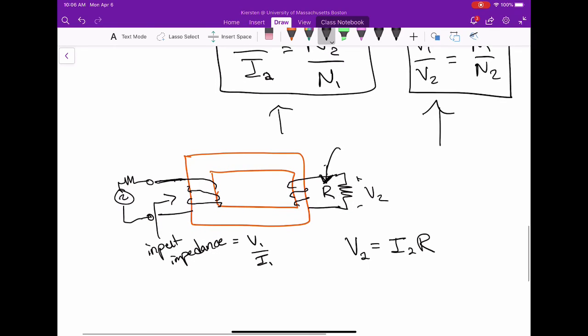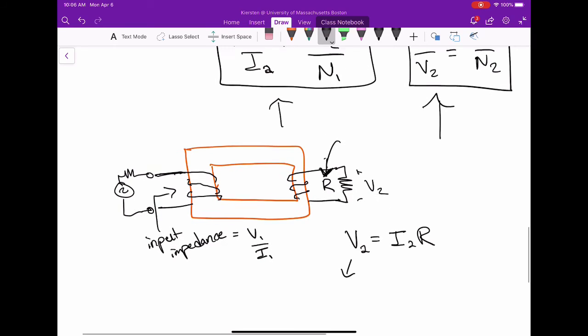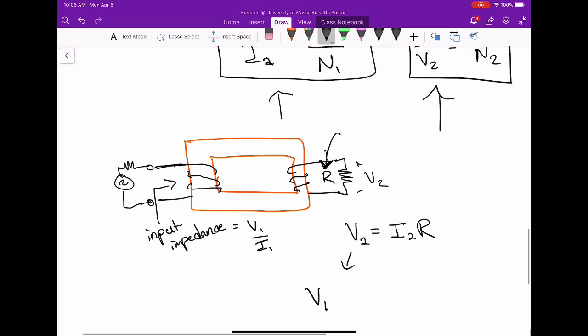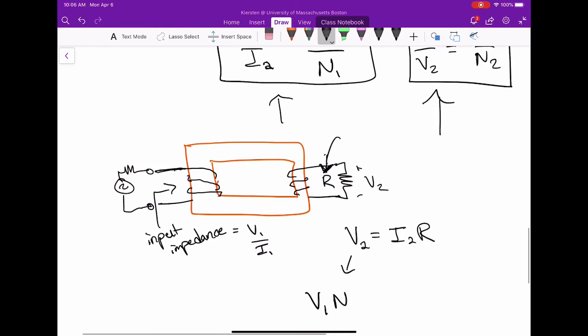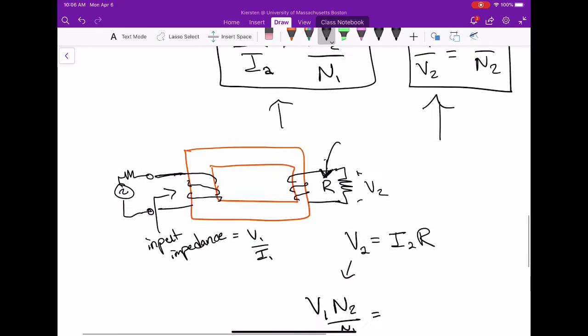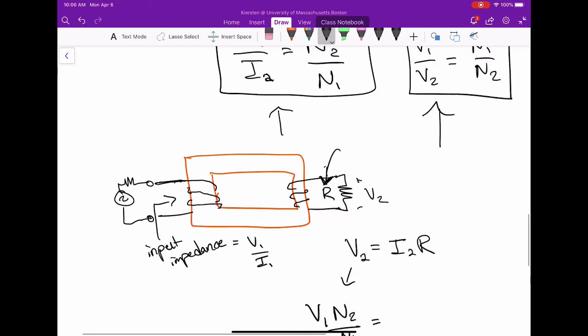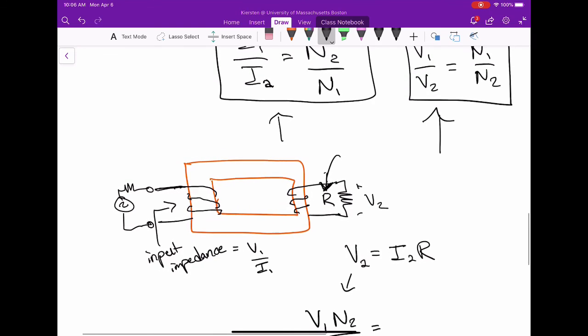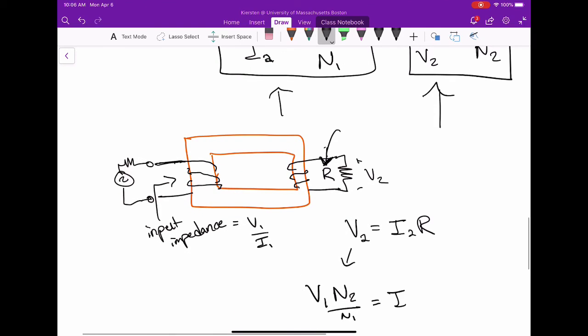V2 becomes V1 times N2 over N1. And I2 becomes I1 times N1 over N2. And then we still have R coming down from that equation.